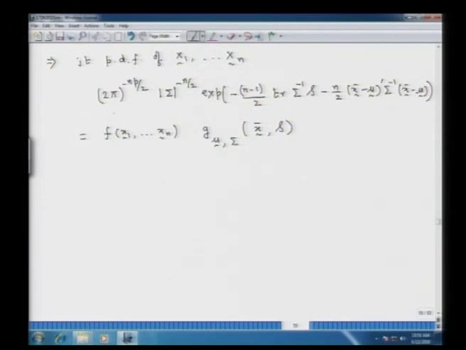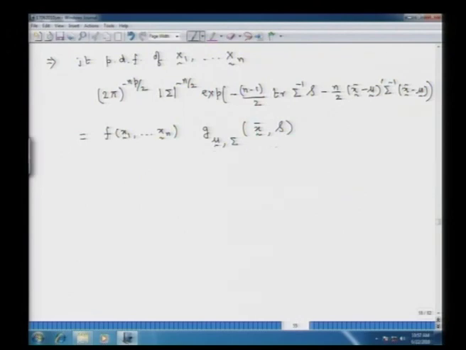Now, I am factorizing this joint PDF of x1, x2, xn so that the first term is a function only of x1, x2, xn. It does not include any parameter of this distribution. The parameters are the mu vector and the covariance matrix sigma.